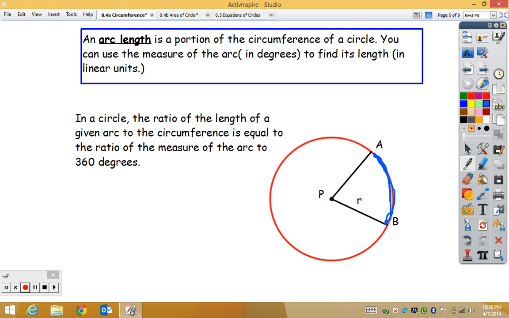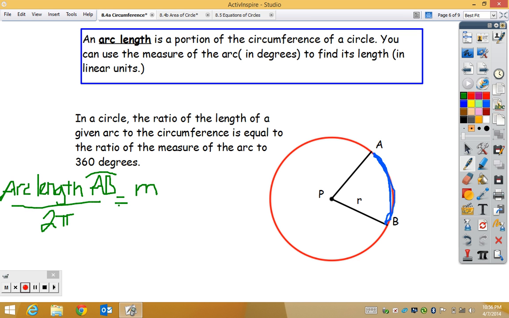So if we were to write that out, we would have arc length of arc AB over 2 pi r is equal to the measure of arc AB over 360. Or we can write it a second way.